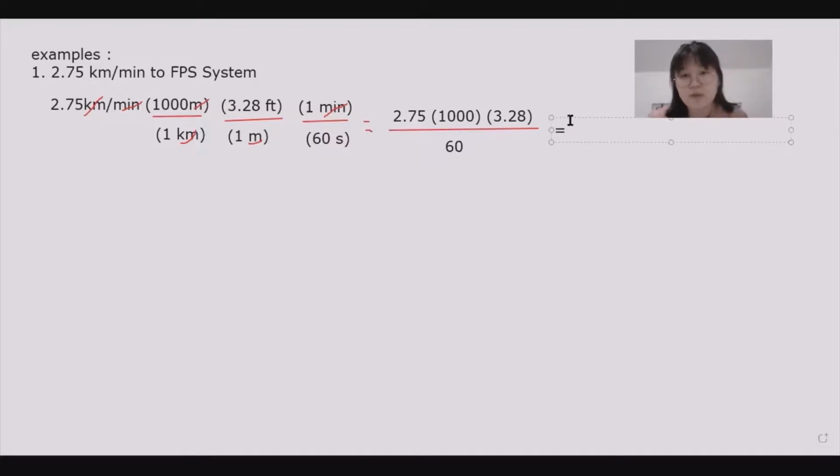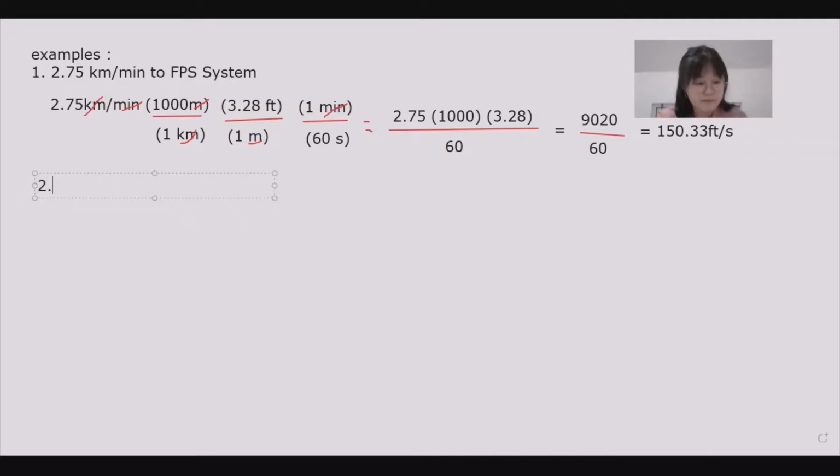So it will be 9,020 divided into 60. The answer will be 150.33 feet per second. The unit of FPS is feet per second.